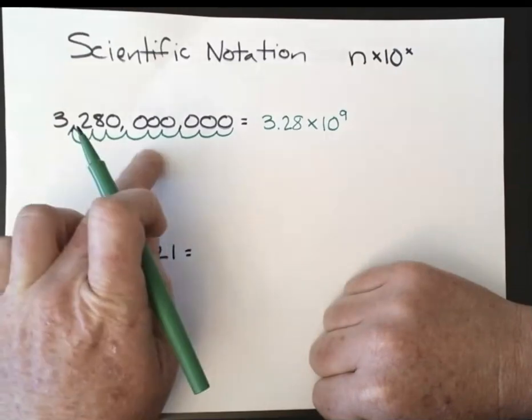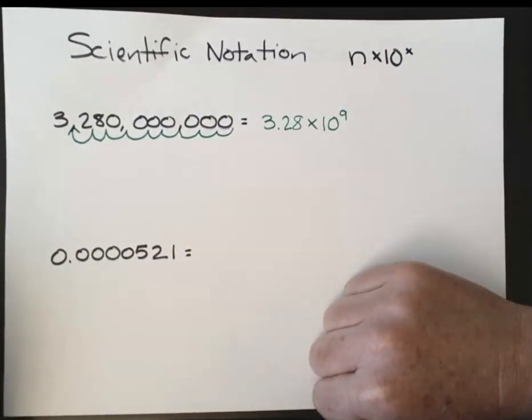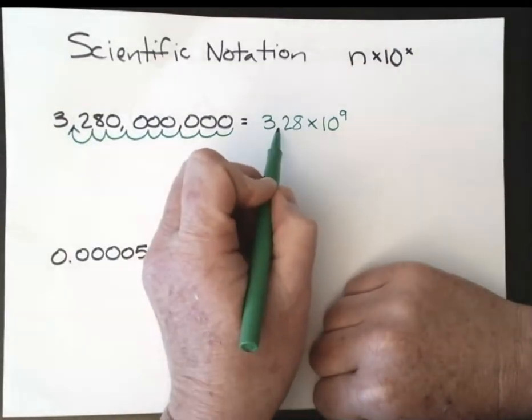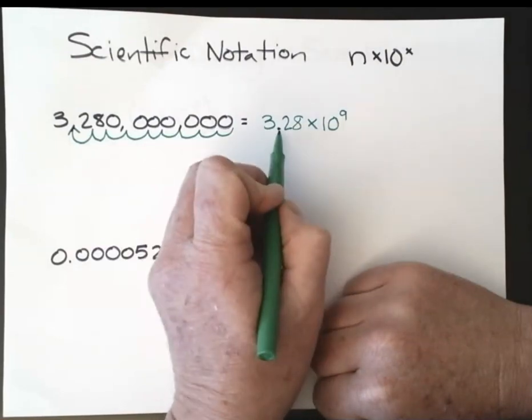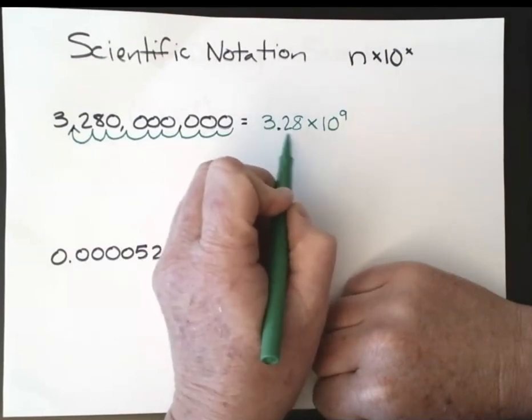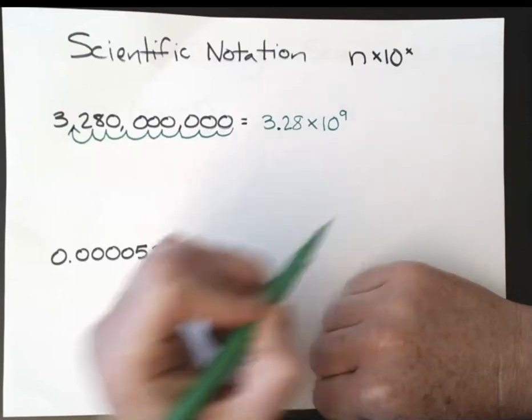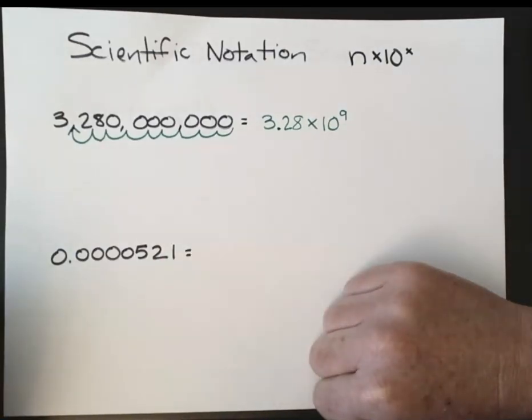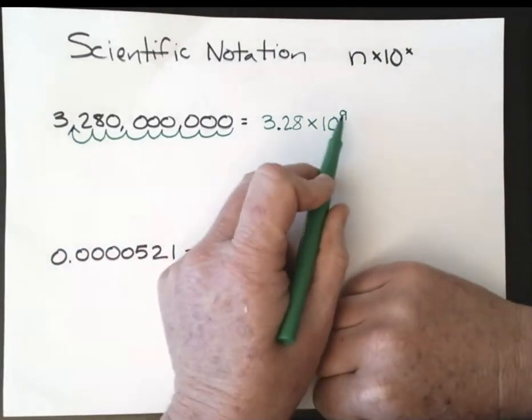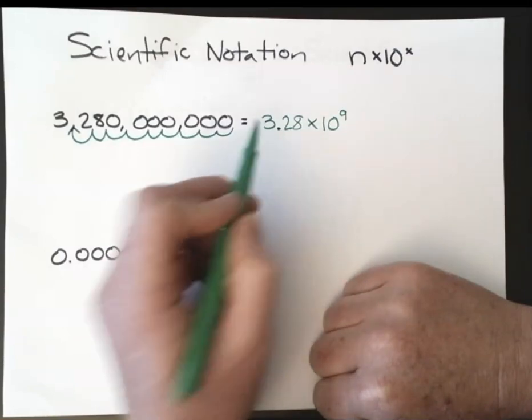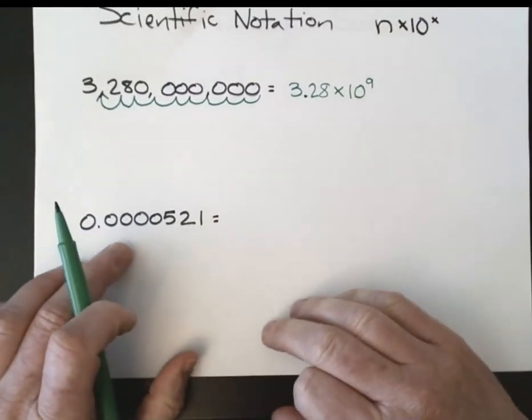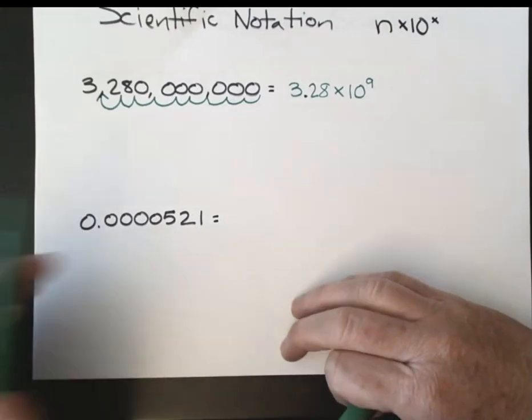If I needed to convert the other way, I'm going to move this decimal. If this number is positive, this is going to become big, so I'm going to move this decimal 9 places to the right. Okay. If this number is small, I'm going to move the decimal to the left. So let's take a look at this number down here. This is a really, really small number.